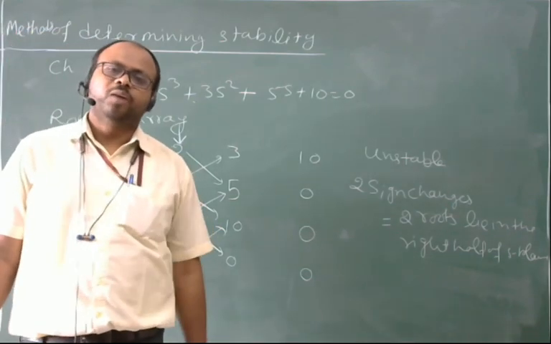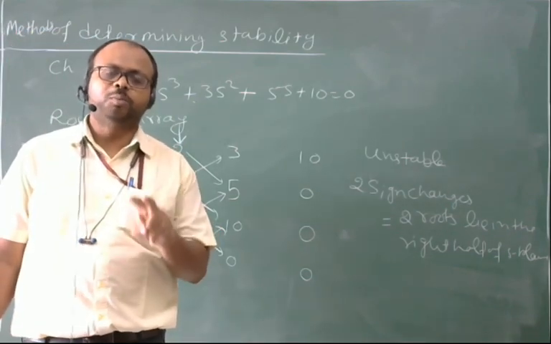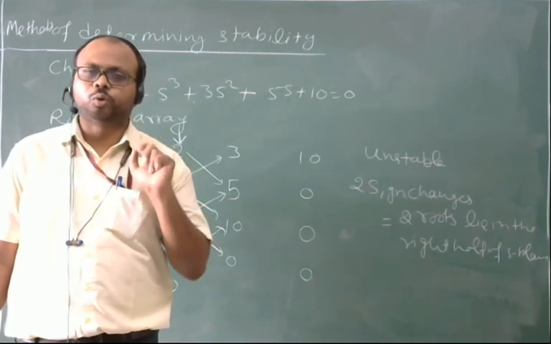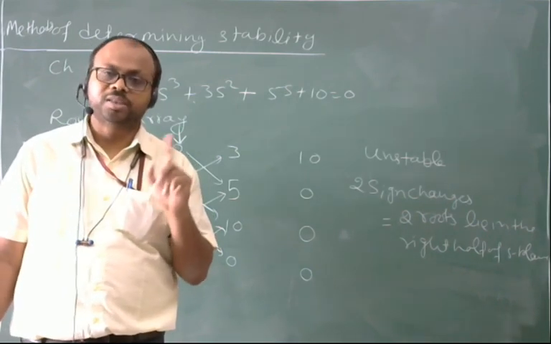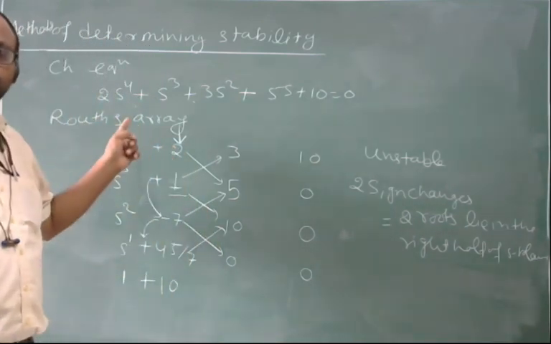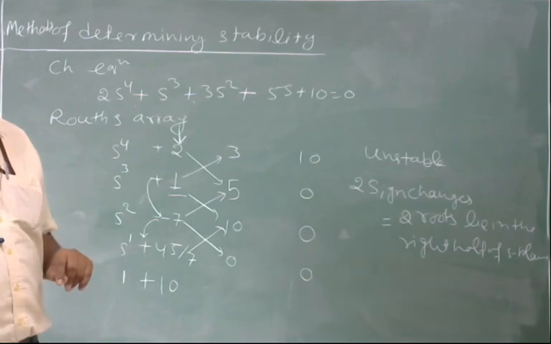So even if both conditions are satisfied, the system may be unstable, and that can be checked through the Routh array.